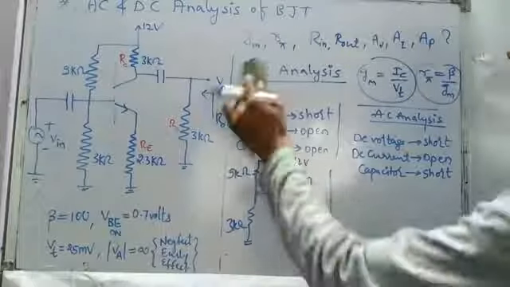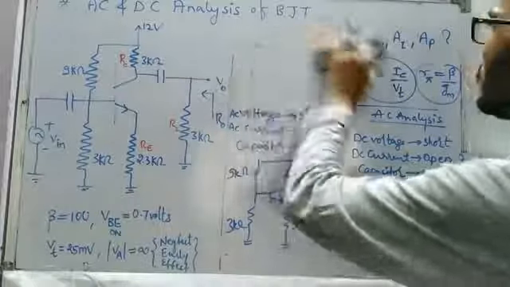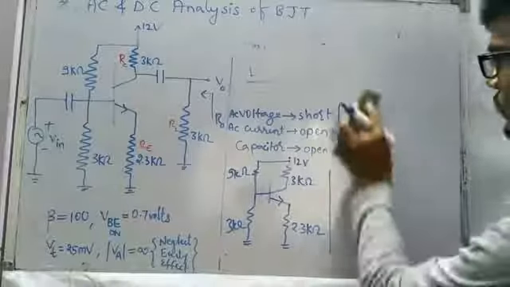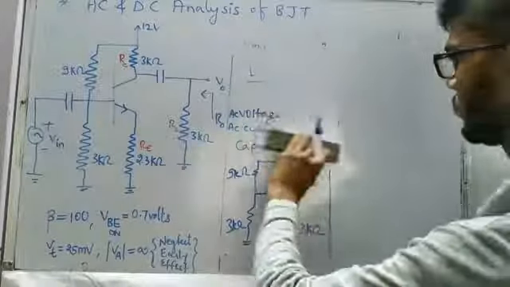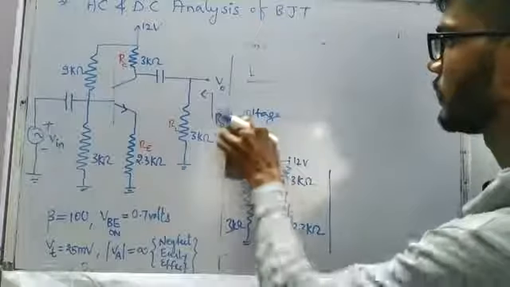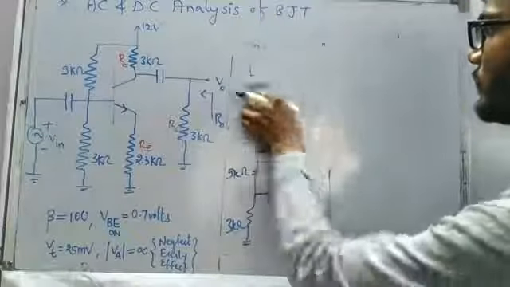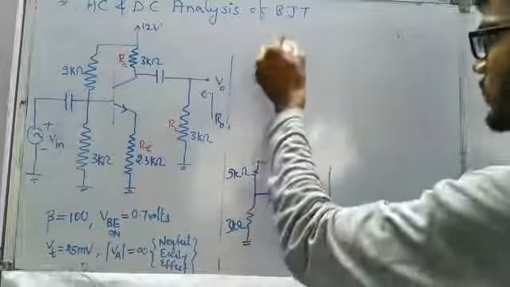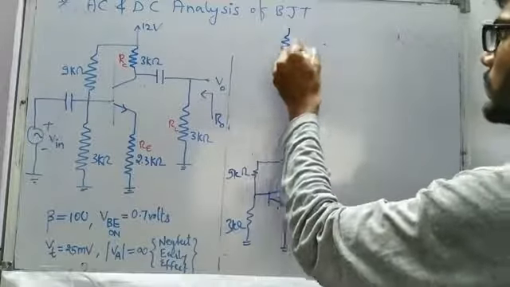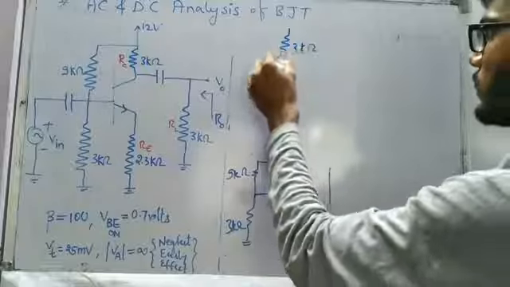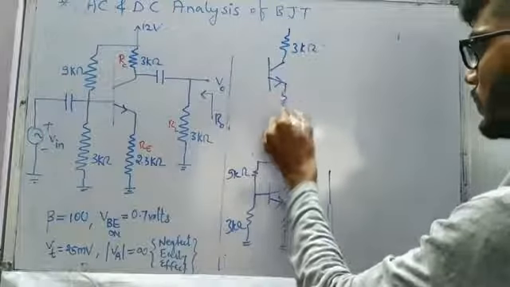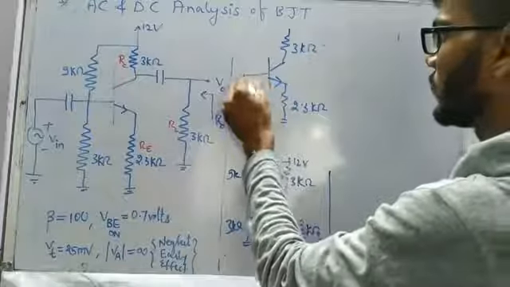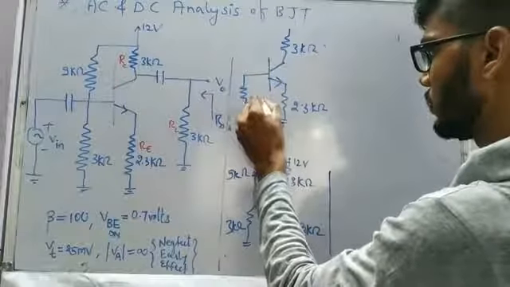First let me make some space. We can simplify this: this will be 3 kilo ohm as it is, at the emitter this will be 2.3 kilo ohm as it is, and here also 3 kilo ohm as it is.